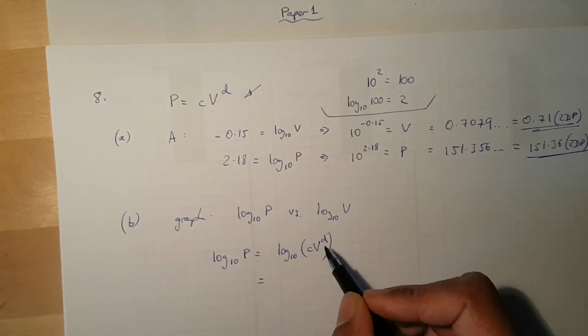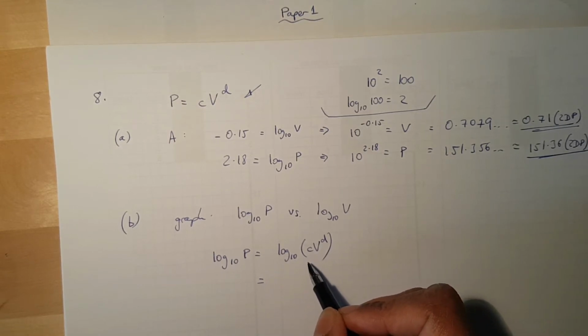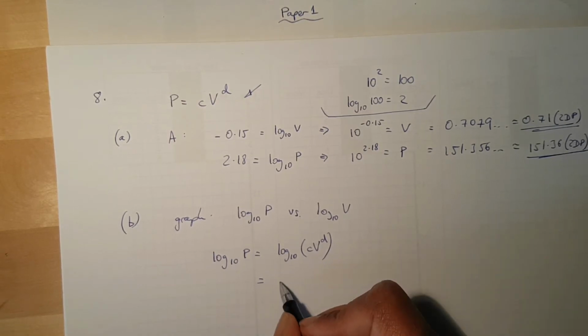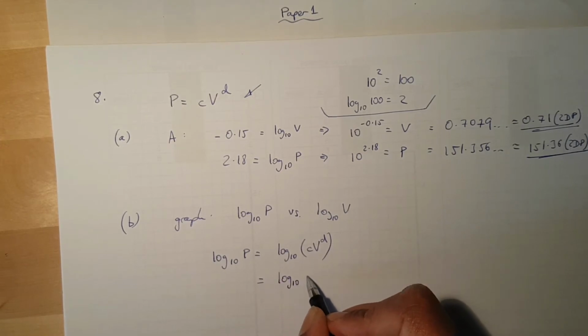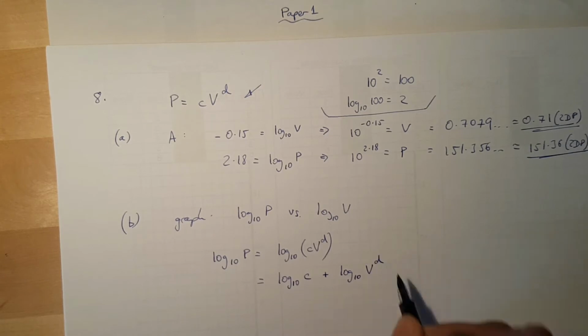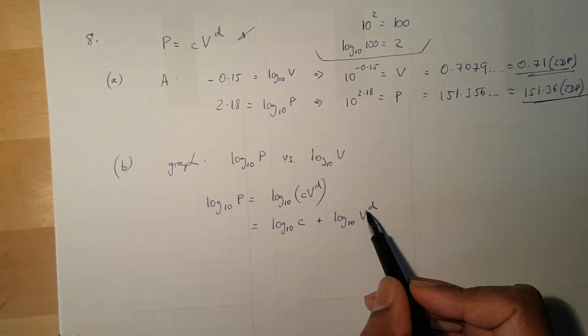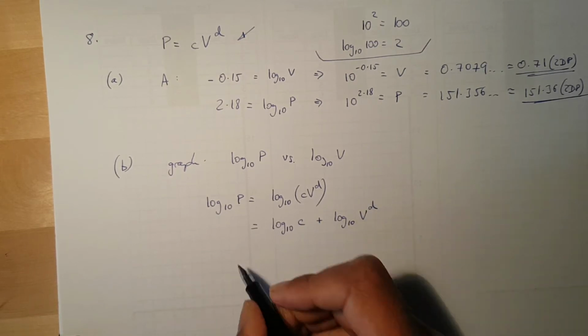Let's simplify this a bit. If I've got log of a product, well, I can separate them out. So that becomes log to the base 10 of C plus log to the base 10 of V to the power D. And now I can use the fact that if I've got an index in my log, I can bring that out as a coefficient.